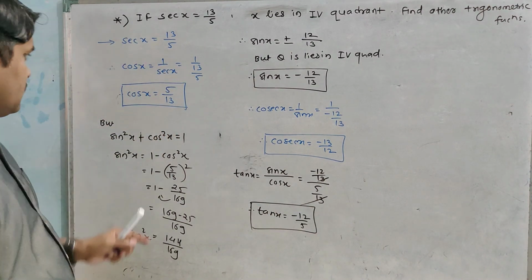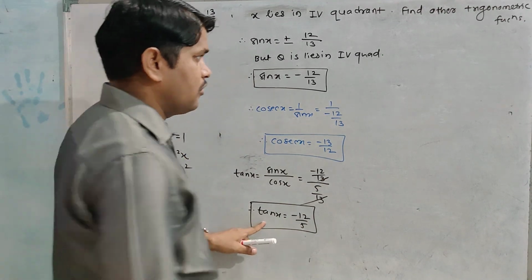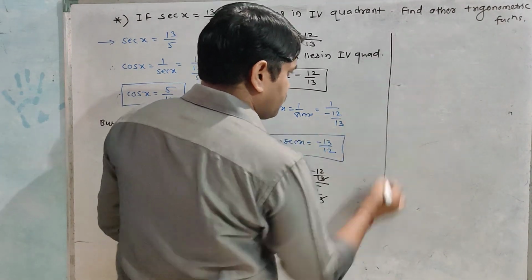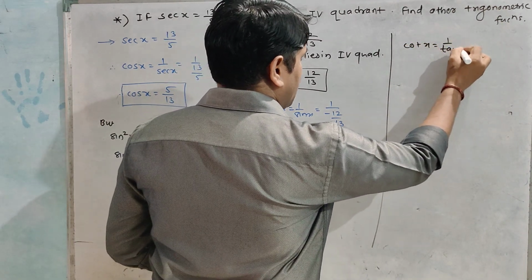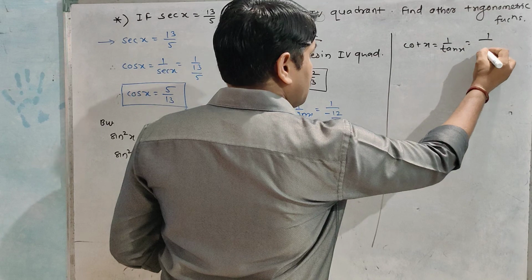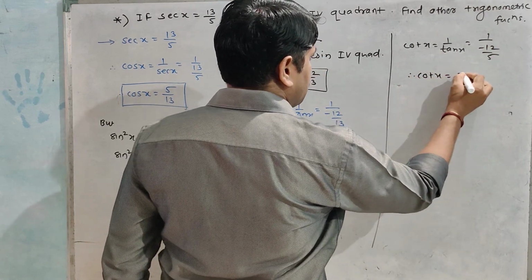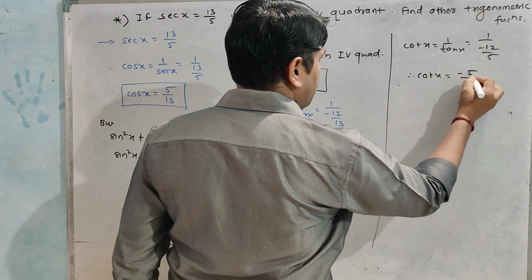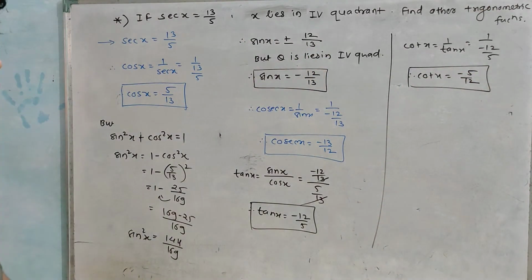Understood? If we take the reciprocal of tan, we get cot. So cot x is equal to 1 upon tan x, so 1 upon minus 12 upon 5. So we get cot x is equal to minus 5 upon 12. This is your cot x.